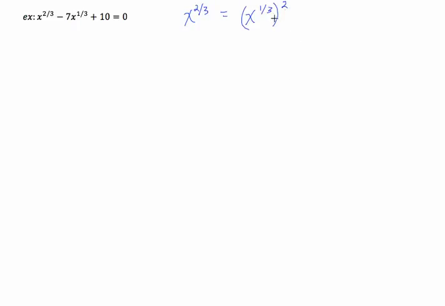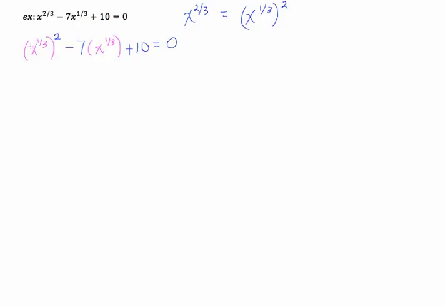Because to simplify this, you would multiply 1/3 times 2, which is 2/3. So I'm going to rewrite it like that. I'm going to write it as x to the 1/3 all squared minus 7 times x to the 1/3, that's to the first power, plus 10 equals 0.